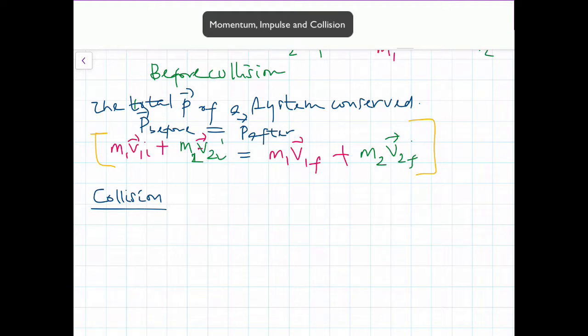In general, there are two types of collision. The first one is inelastic collision. In an inelastic collision, momentum is conserved.